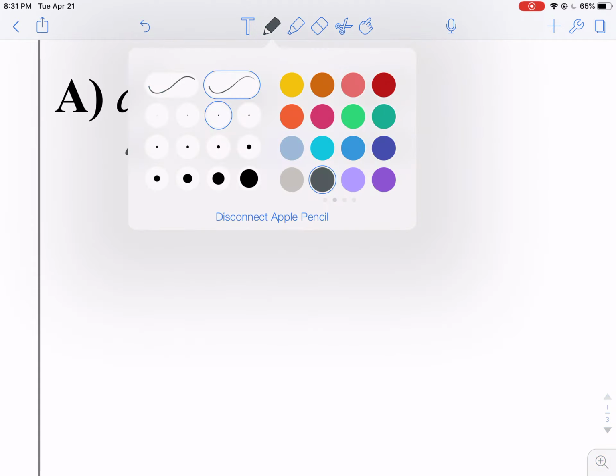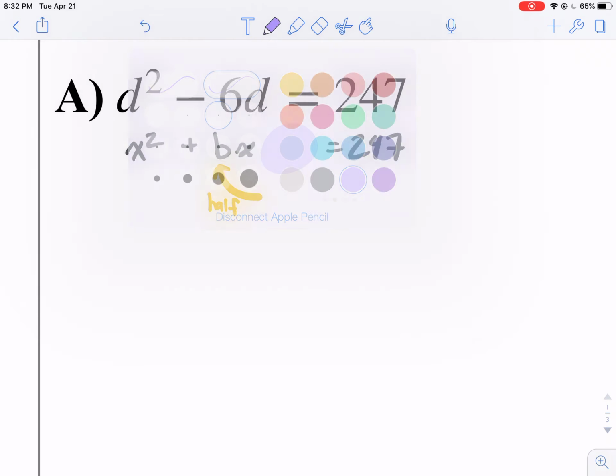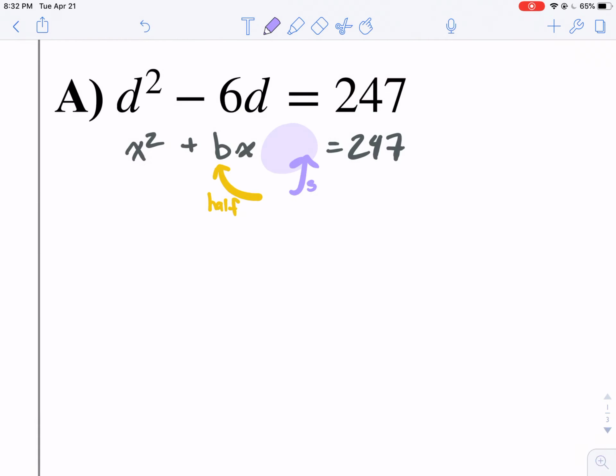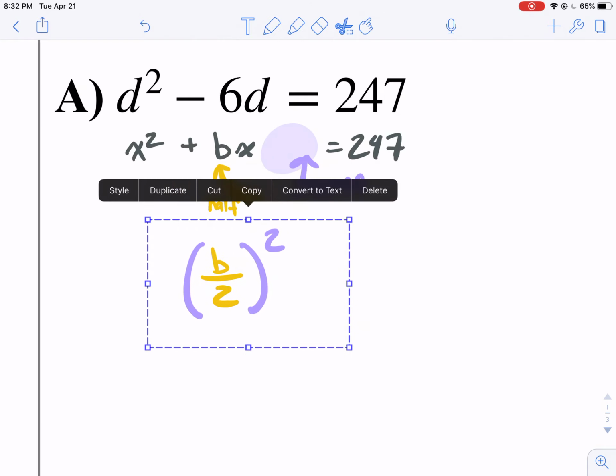Again, we want to find a number that is half of b and then we're going to square it to add there. So (b over 2) squared.